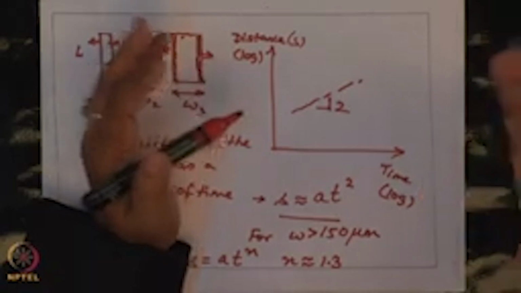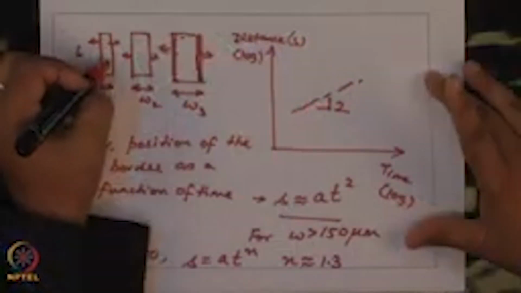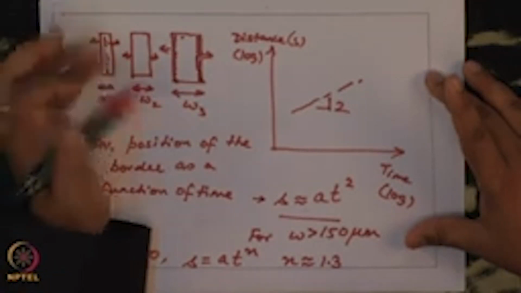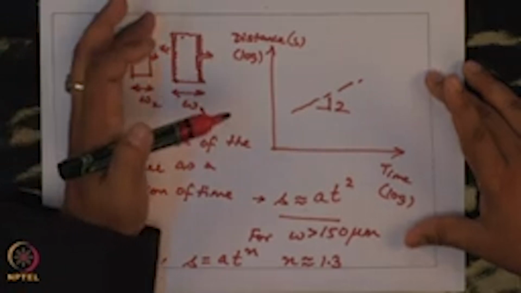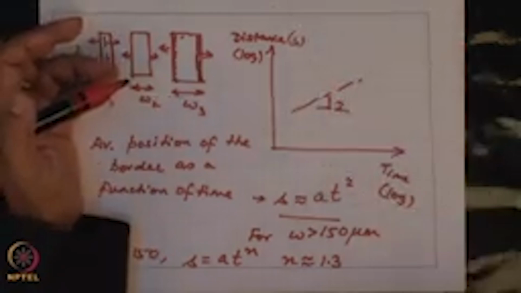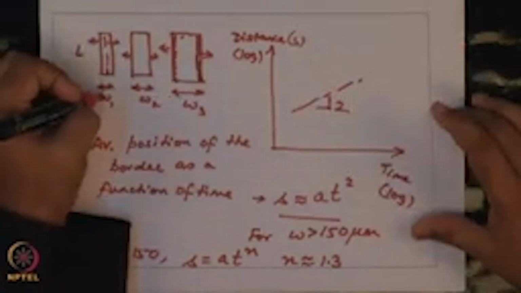So, you can have these two edges which are behaving independently of each other. However, when you make the patches smaller and smaller, there is some level of confusion for cells at the center whether they want to migrate left or migrate right. That might be the cause why you have a slower migration when the width was smaller.